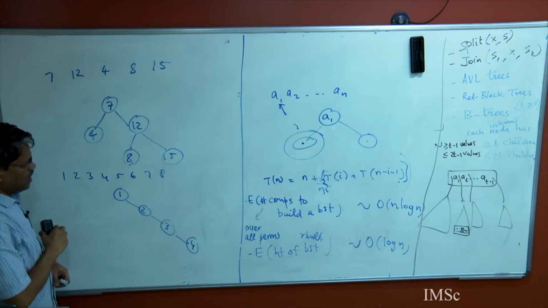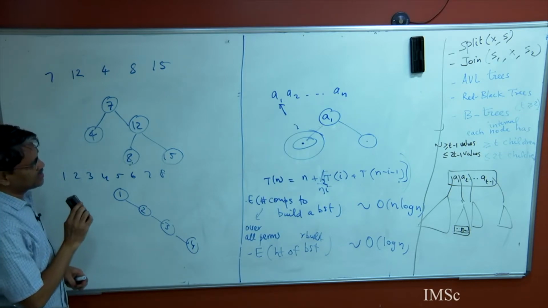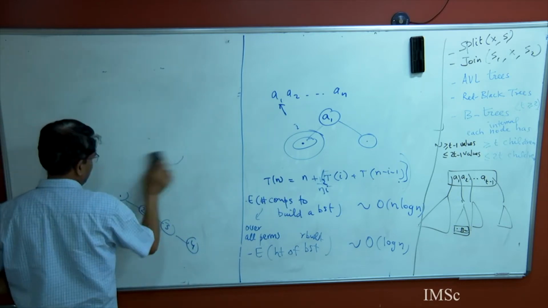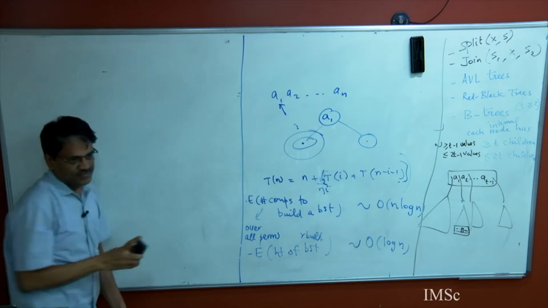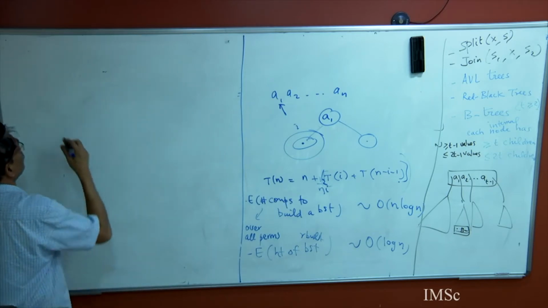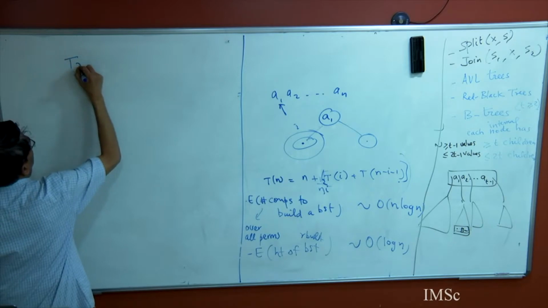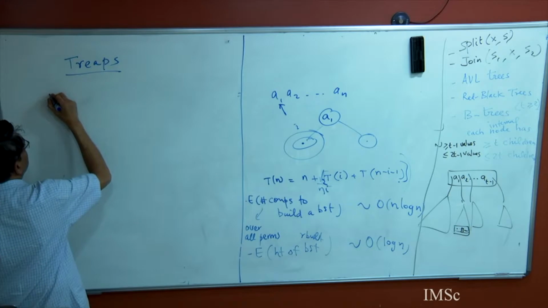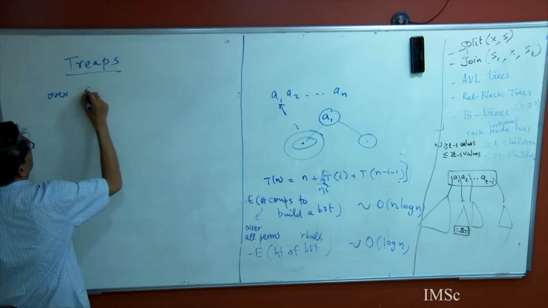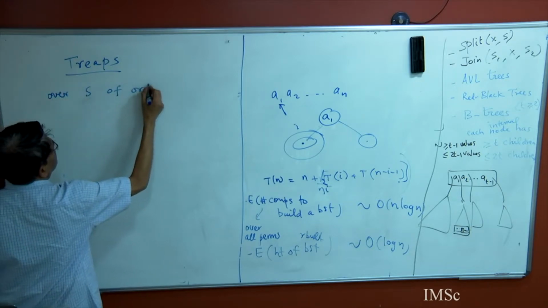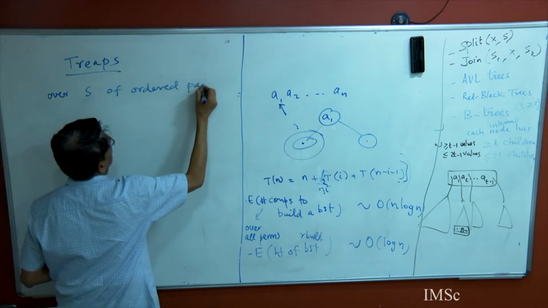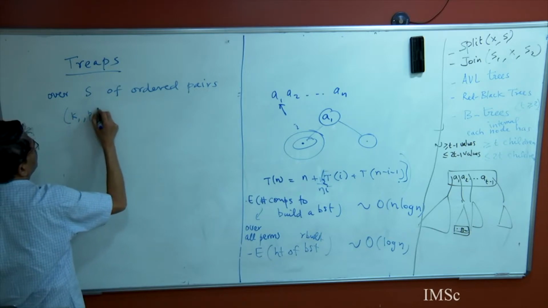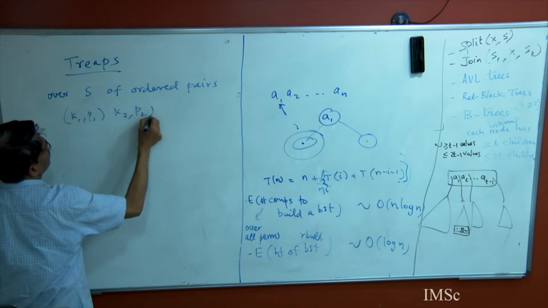So let me digress and talk about another data structure called treaps. Treaps are over a set S of ordered pairs, let's say K1 P1, K2 P2.